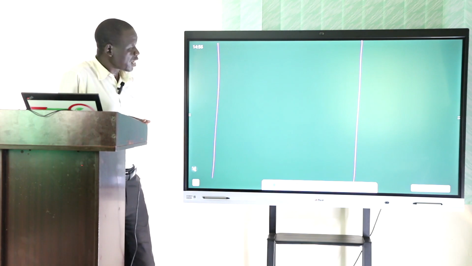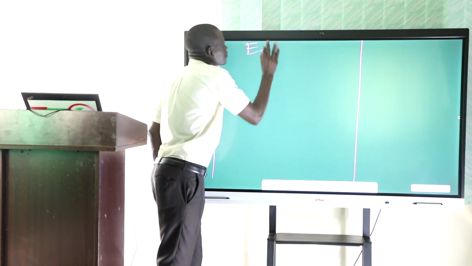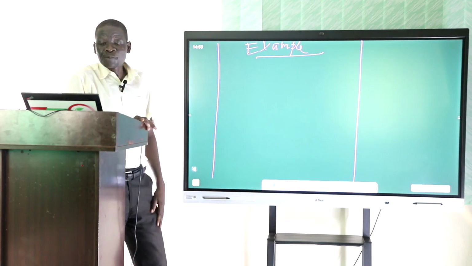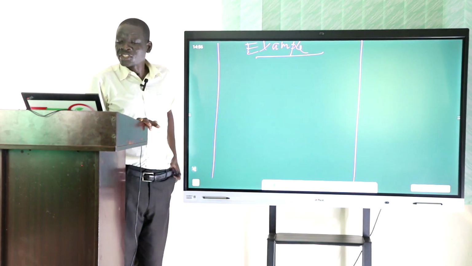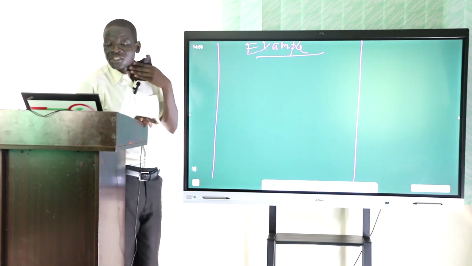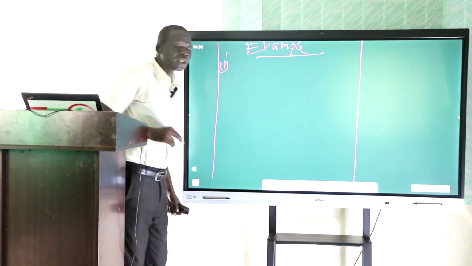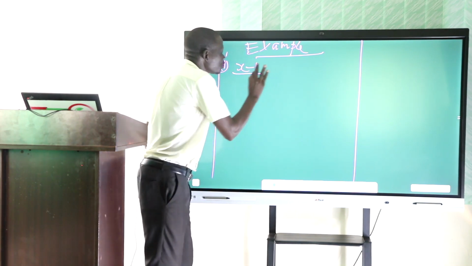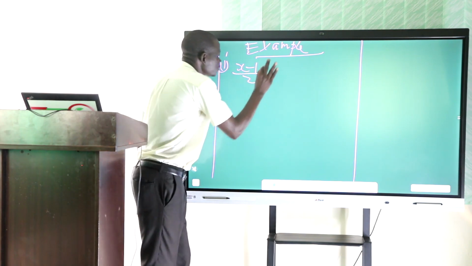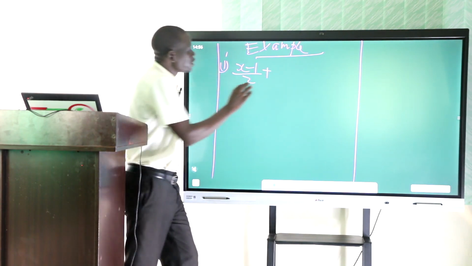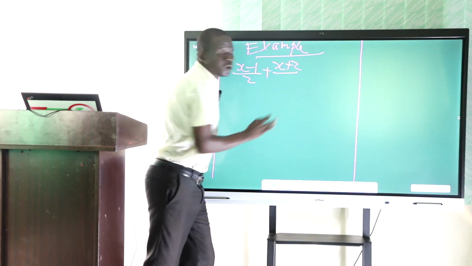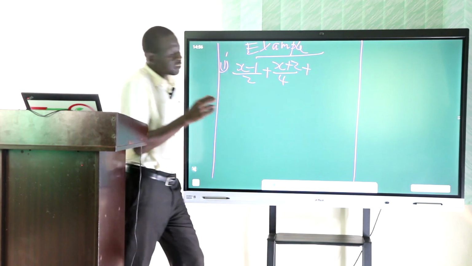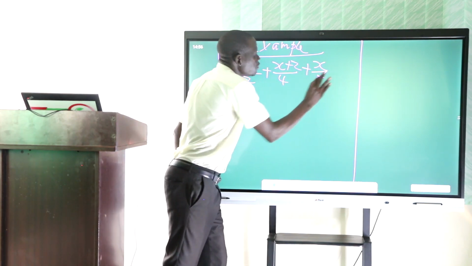So let us look at an example. Express each of the following as a single fraction. We can have x minus 1 over 2 plus x plus 2 over 4 plus x over 5.